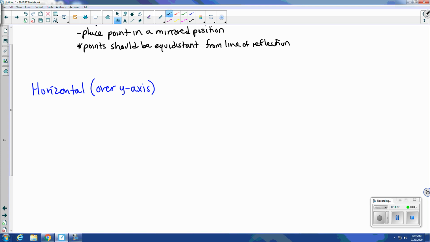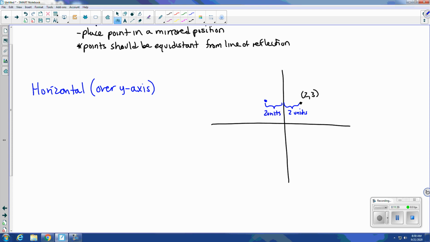So if I look at a quick example in a coordinate plane, where say I'm at the point 2, 3, and we want to reflect this across the y-axis to a point that would be equidistant from that line of reflection as before. So it's currently 2 units away from the y-axis. So to get the proper mirrored position, it would also need to be 2 units away from the y-axis.